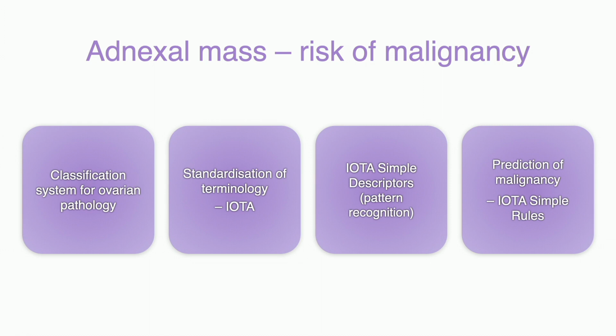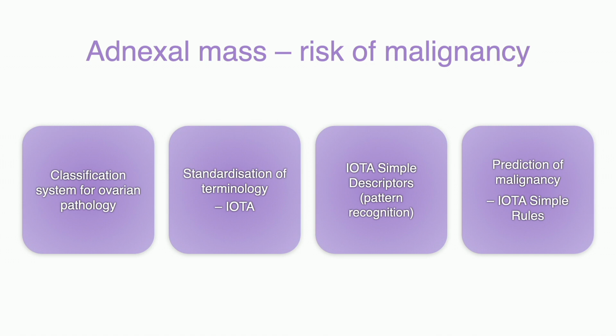It's a bit more complicated when it comes to the correct diagnosis of adnexal pathologies. The reason being is that there is a serious concern when an adnexal mass is discovered, because there is the possibility that it is malignant. Therefore, the International Ovarian Tumor Analysis, the so-called IOTA group, was founded more than 20 years ago in the Netherlands.